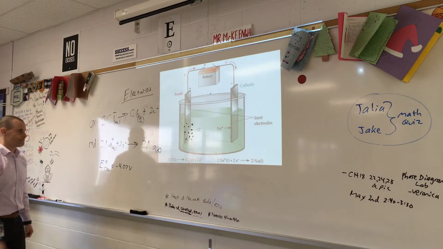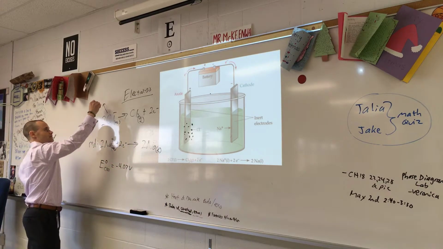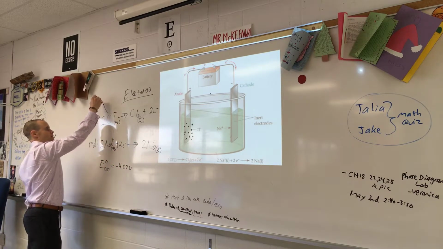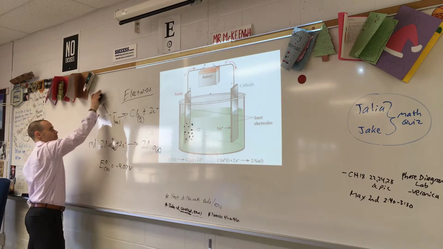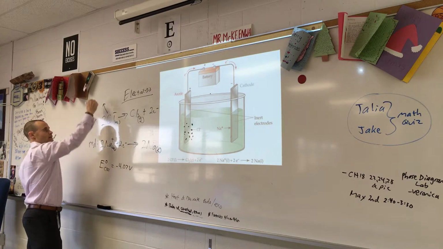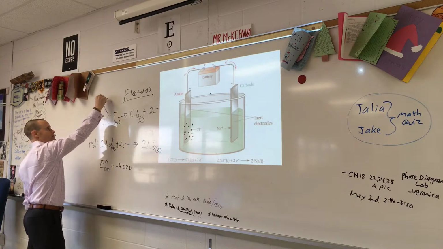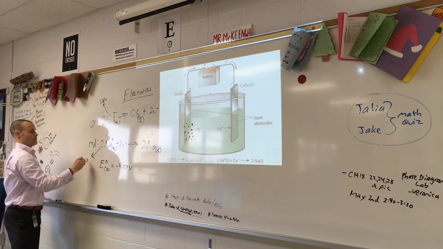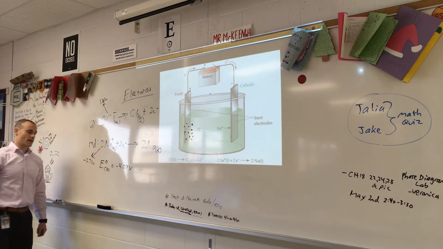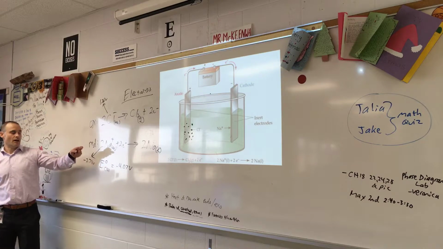Let's double check. What's the E cell for this? Or not the E cell, it's technically just the E. What's the voltage of this here? 1.36 volts, and what's the sodium here? 2.71 volts, right? Okay, so it would be the cathode, right?